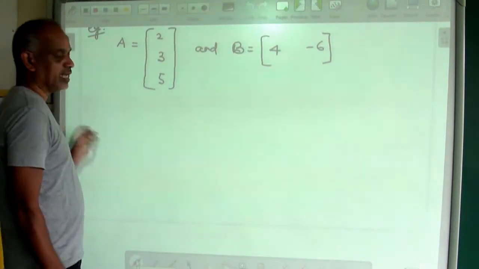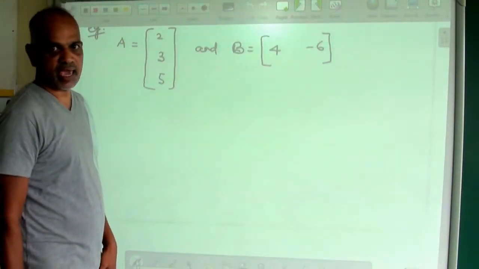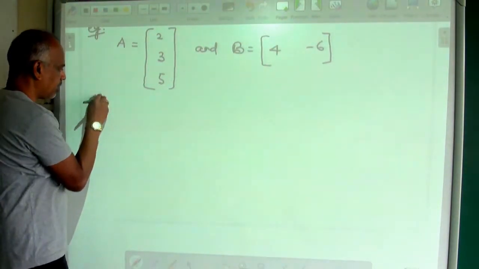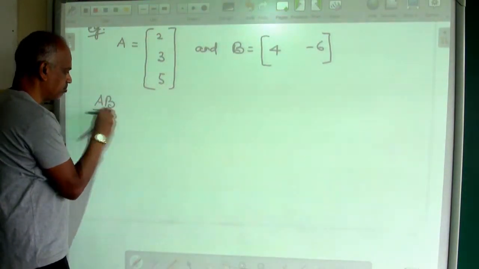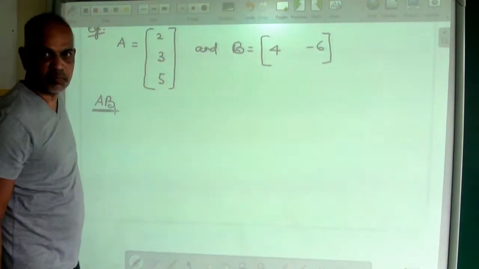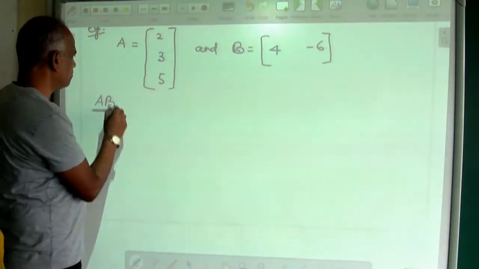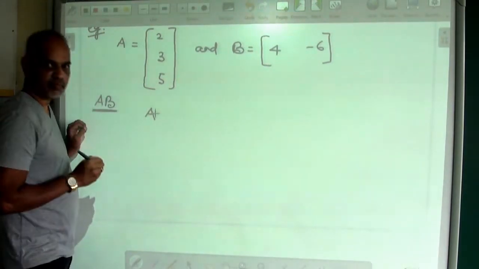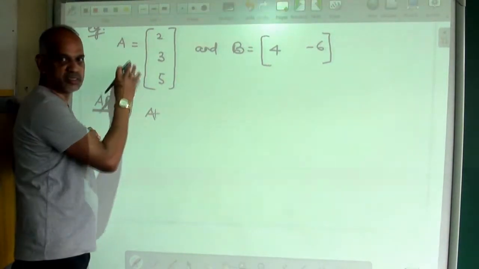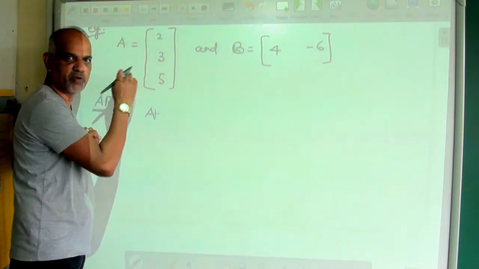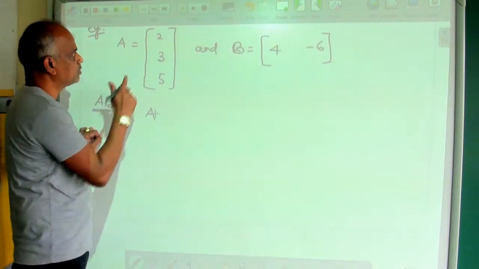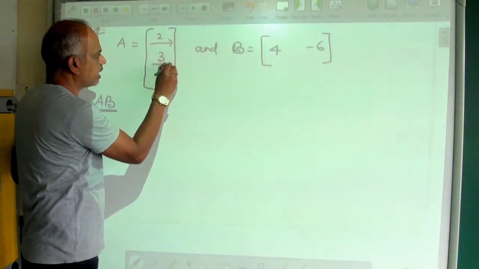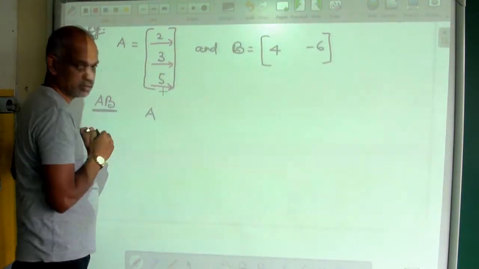For that, let's find the order of A and B. Let's say, for example, you're going to find AB, multiply A with B. So A is a matrix. I'm taking A. What is its order? Order means number of rows by number of columns. So A has first row, second row, third row.